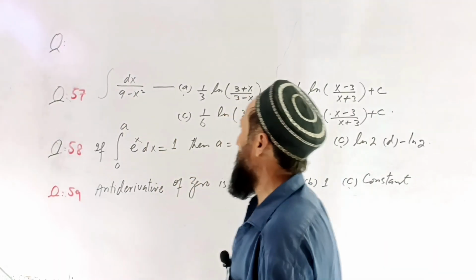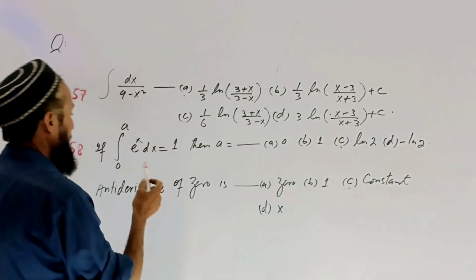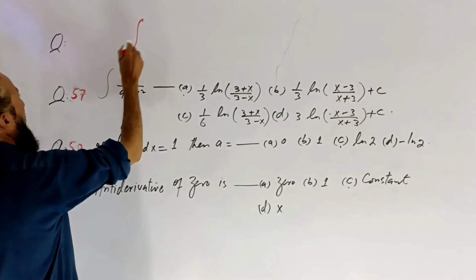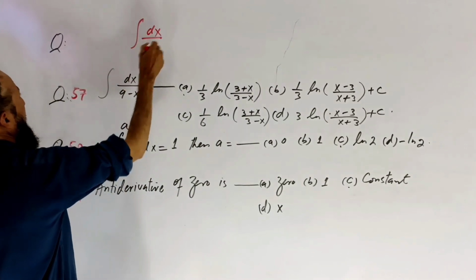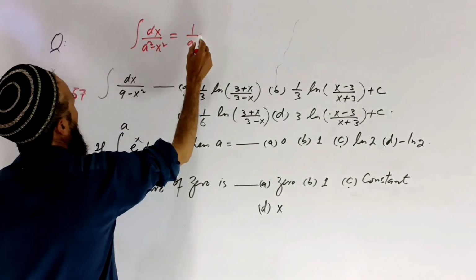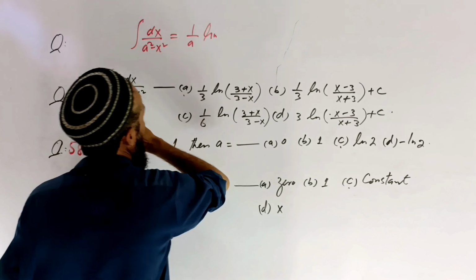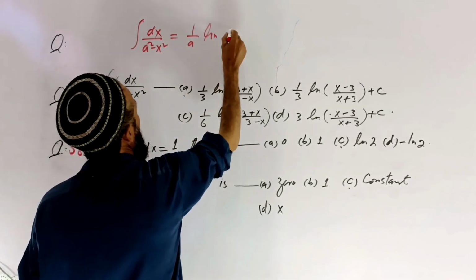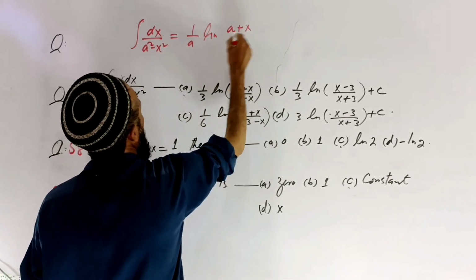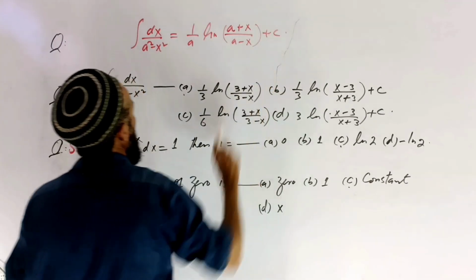dx divided by 9 minus x square, we have the formula. According to this formula, integration of dx over a square minus x square is 1 over 2a log of (a plus x) divided by (a minus x) plus c. So this is the formula.